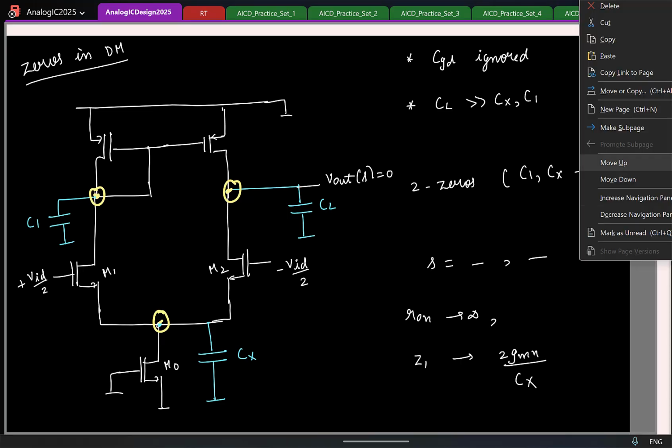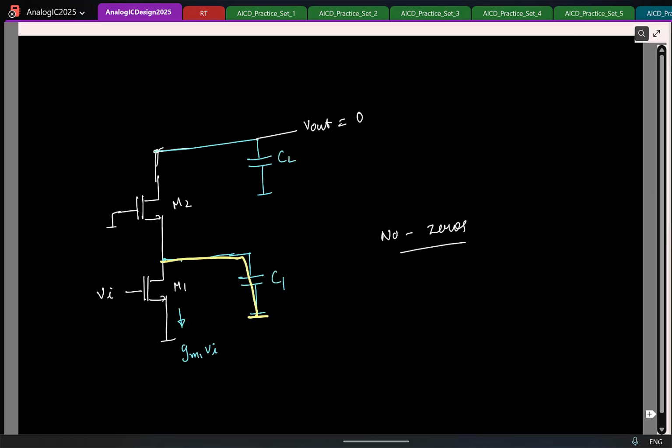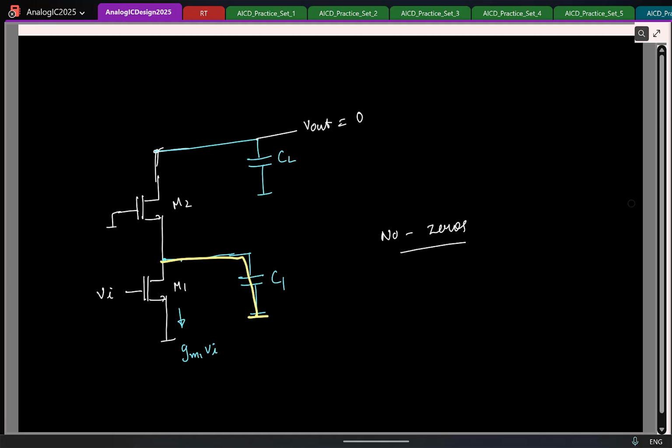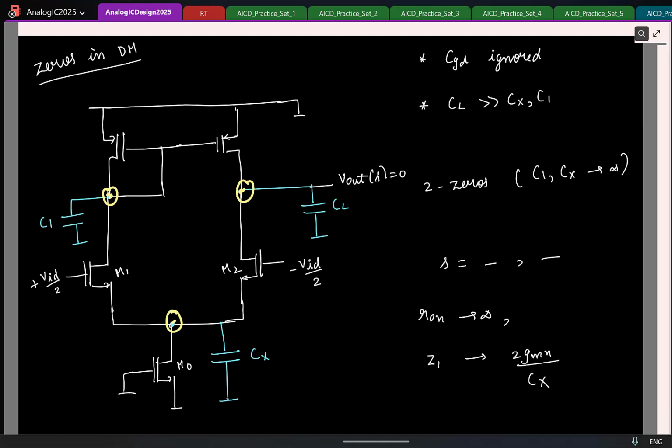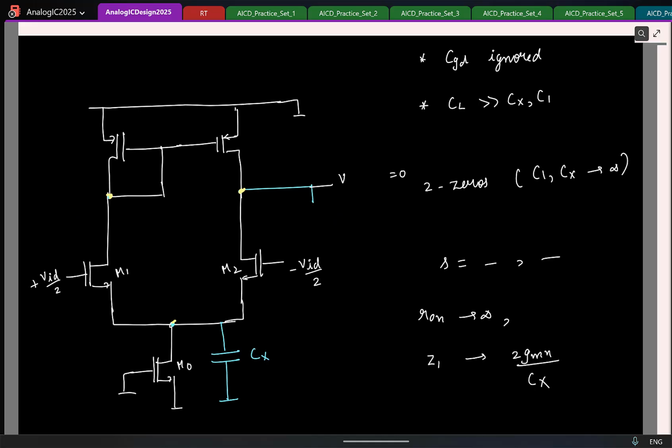We'll copy this. We'll briefly look at the poles and zeros there. We'll not go into exact calculation. So, okay, let me see if I can erase all of this.